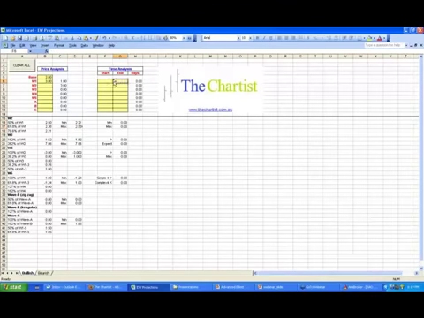You can put in your dates in here. Let's just assume that this pattern started on the 1st of February 2011 and it stopped on the 25th of February 2011. So that's the length of wave 1. So it's telling you that the wave 2 will take between 12 and 31 days to decline.